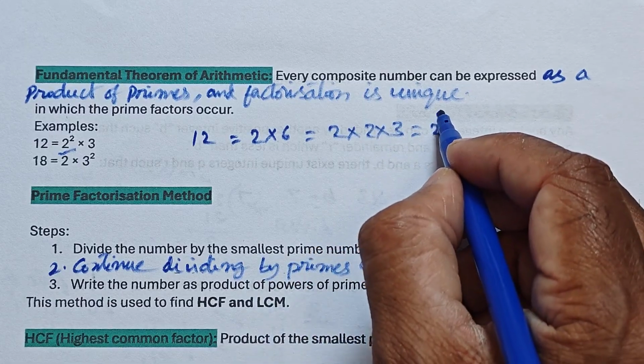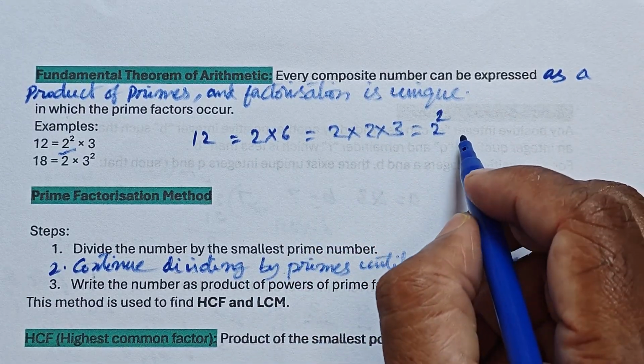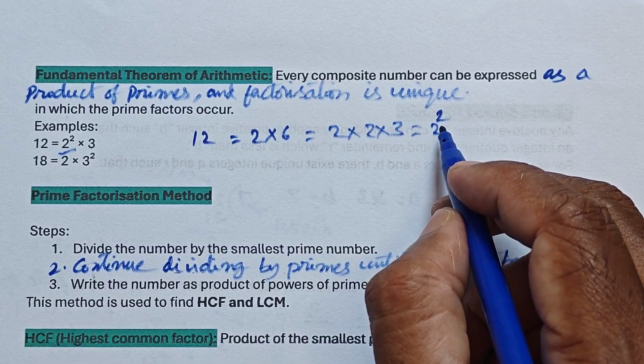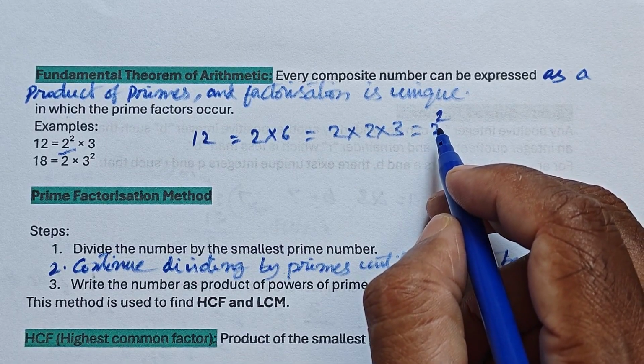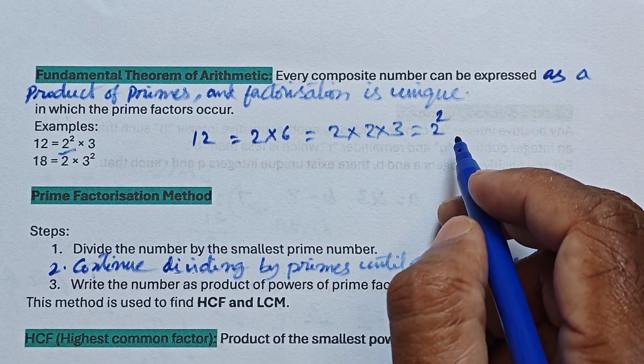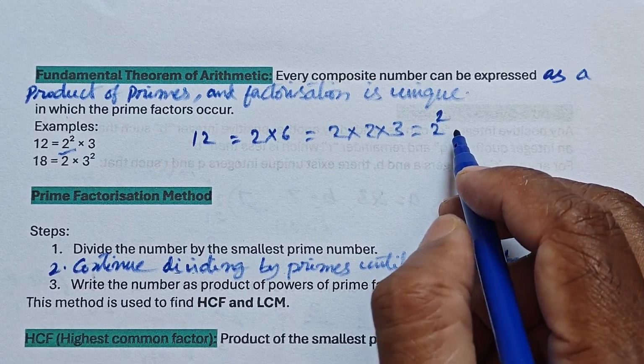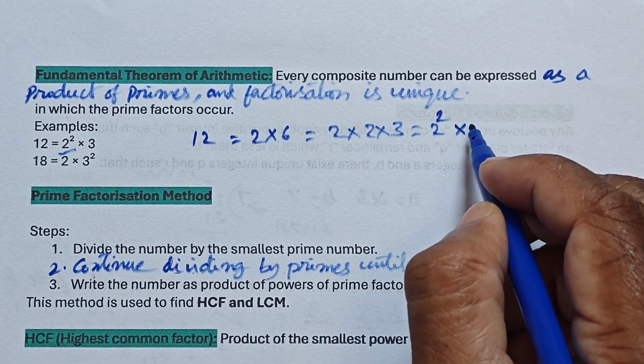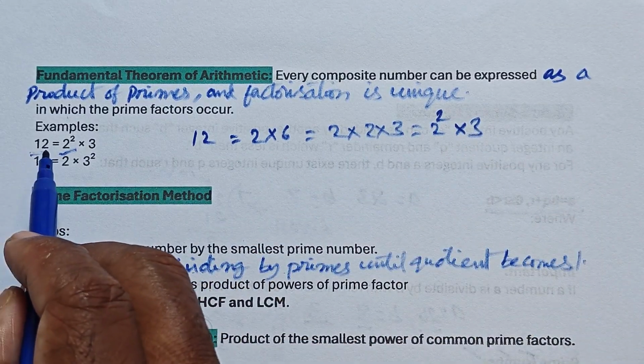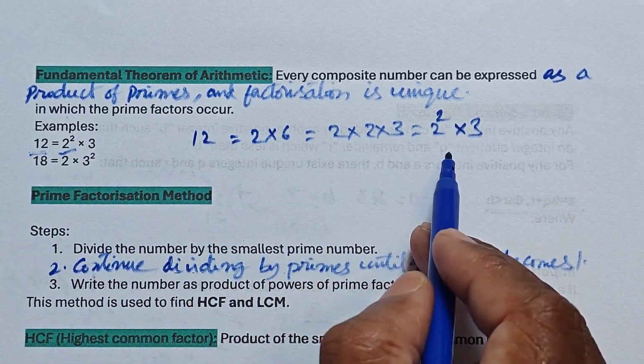Here it is 2 times. It's 2 to the power 2. We call it simply 2 square. But if it is more than 2 or 3, then we don't have a specific name. So then we will say 2 power 4, 2 power 5 like that, into 3.